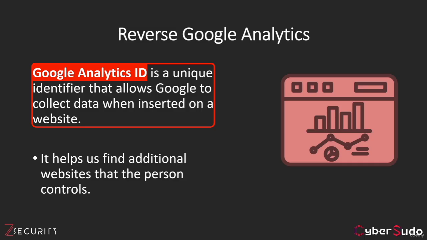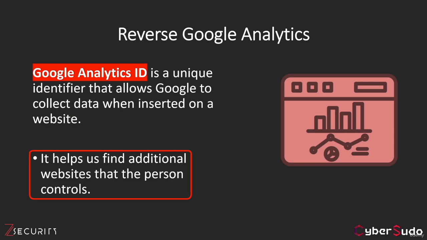Data like number of users visiting a website, session statistics, approximate geolocation, and more. This will help you identify and link various websites that are managed by the same entity. So if multiple sites use the same Google Analytics ID, they are likely controlled by the same person or organization.